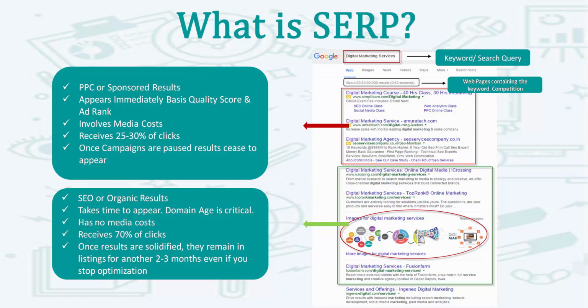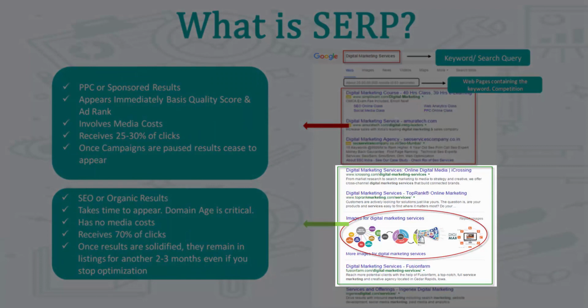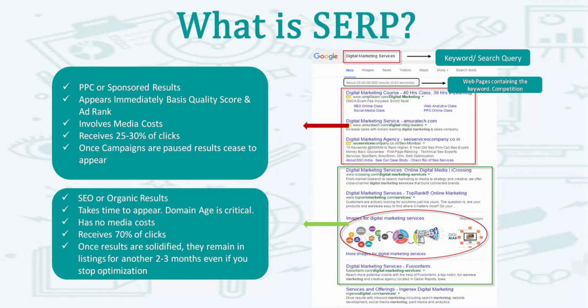Once your marketing budget or the media spend that you provide to Google is exhausted or paused, these results will no longer appear. Let's move down to the results that come within the green rectangle. These are results that appear due to search engine optimization techniques that you implement across your website or your web pages. In general, these results generate more clicks than what a PPC or SEM result will generate. Why?